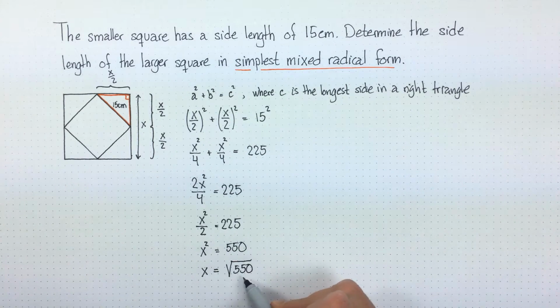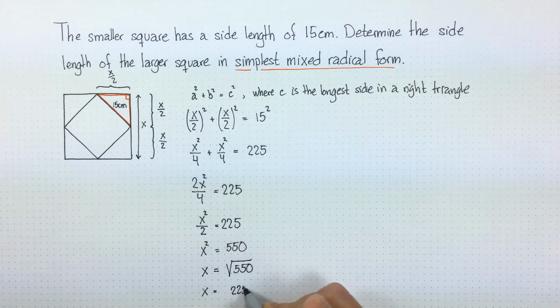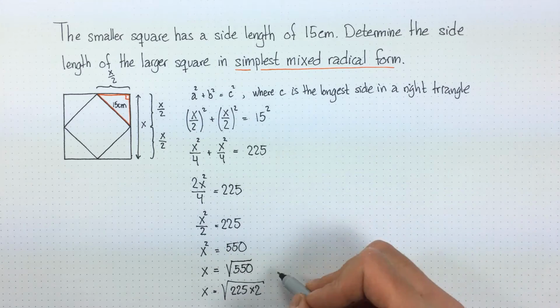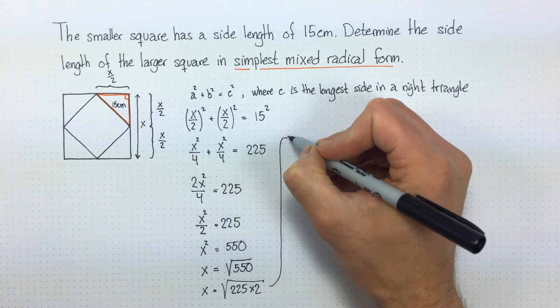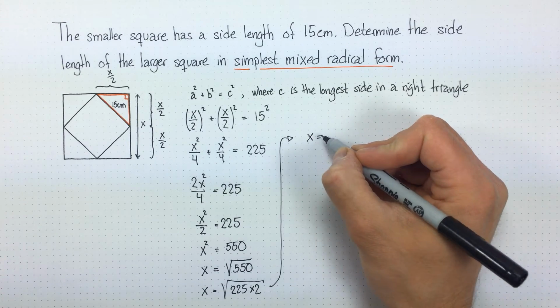We can factor 550 into two factors, one of which will be a perfect square. And we can do 225 times 2. 225 times 2 is 550. 225 is a perfect square. So we can use our product rule for radicals and rewrite this expression as two separate radicals.